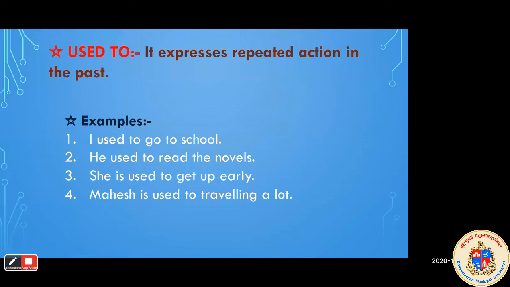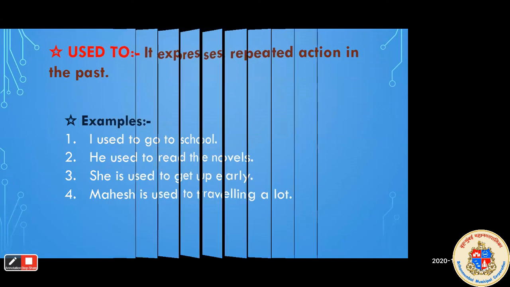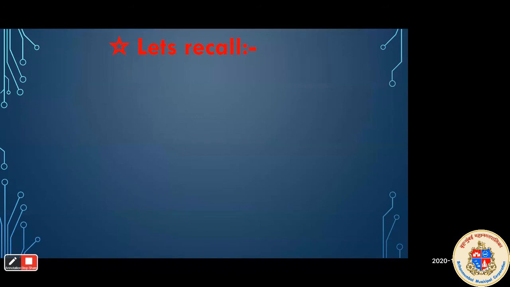So students, in this way, we have learned about some modal verbs. Only some, there are a lot of modal verbs. Today we learned about some modal verbs and their examples that are given in our English Balbharati textbook. Let's revise in short.